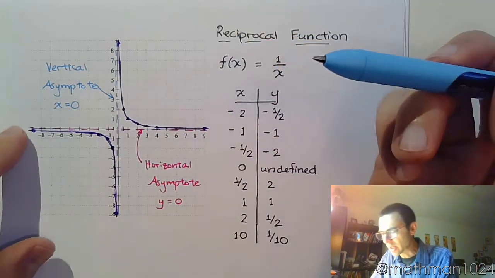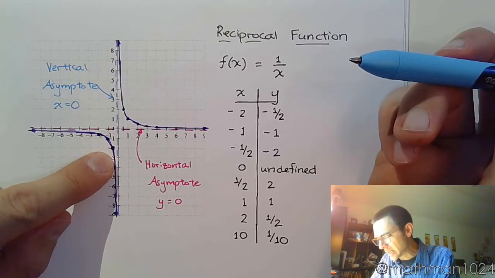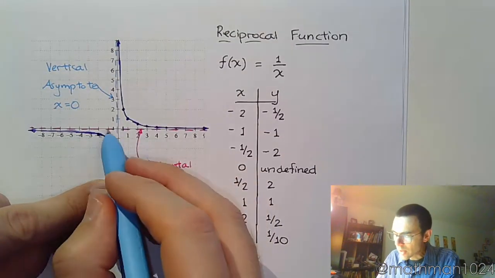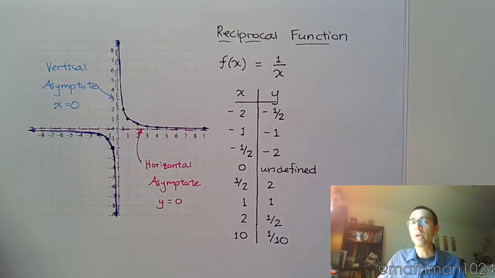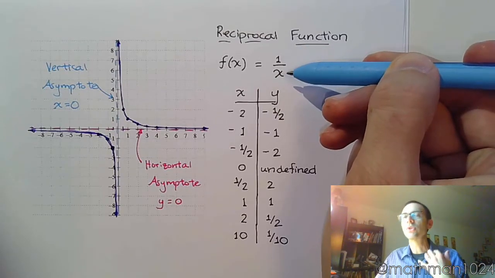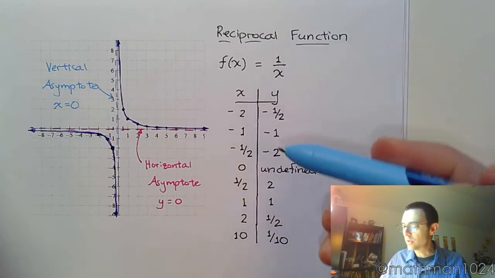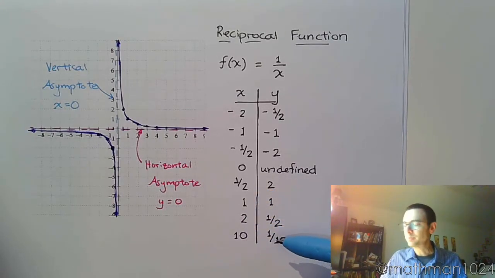And so you see that as I get closer and closer to it from the left side, I can't cross that. The closer I get to 0, and I start doing those reciprocals, the bigger the number is. So when you divide by a smaller and smaller number, your result is bigger and bigger. However, if you divide by a bigger number, like we see right here, then the result is smaller.